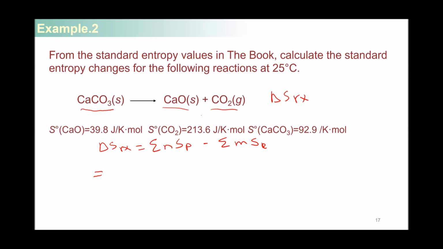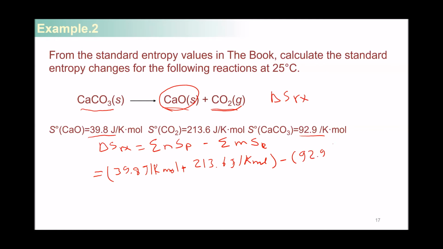So it's going to equal 1 times the entropy of calcium oxide, 39.8 joules per Kelvin per mole, plus 1 mole times the entropy of carbon dioxide, which is 213.6 joules per Kelvin per mole, minus the reactants, which is 1 times the entropy of calcium carbonate, which is 92.9 joules per Kelvin per mole, which gives us plus 260 joules per Kelvin per mole.